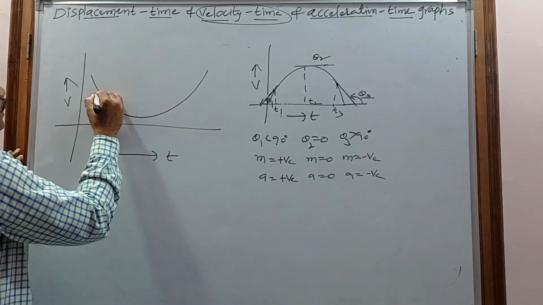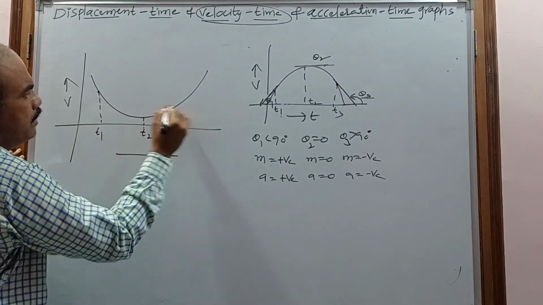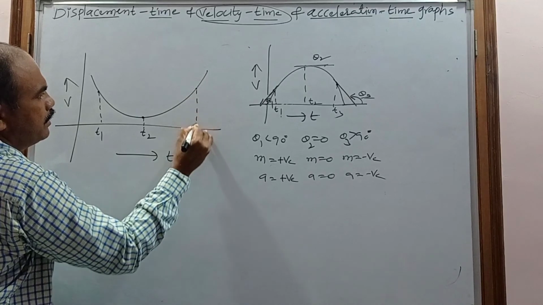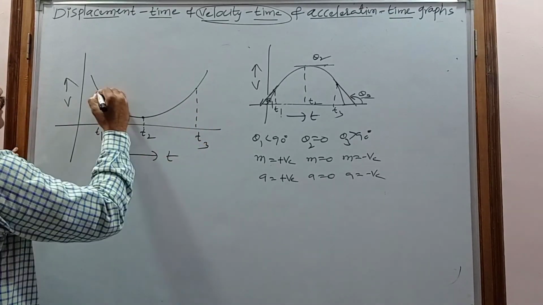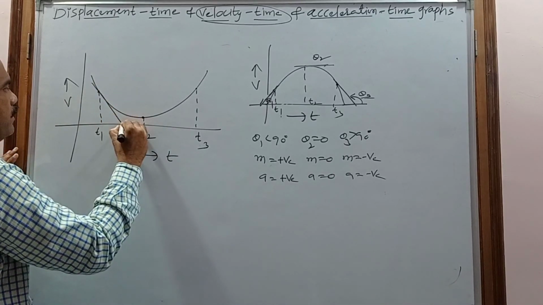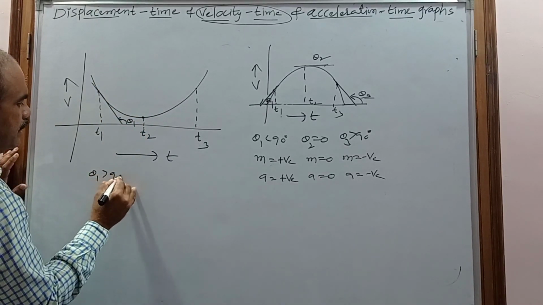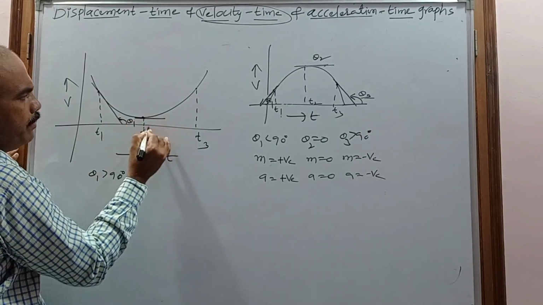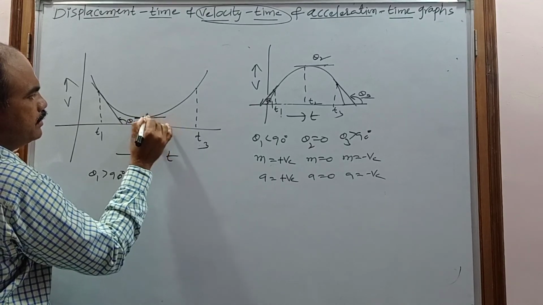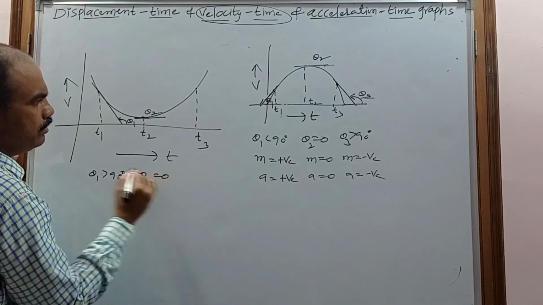Now consider this is a point at t1 time, this is a point at t2 time, and this is a point at t3 time. If I draw the tangent here, how much angle does this tangent make? Theta 1. So theta 1 is greater than 90 degrees. If I draw the tangent at t2 time, it will be parallel to the x-axis. Now consider this is theta 2. So theta 2 will be 0.